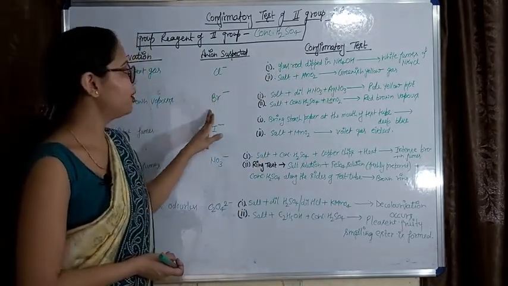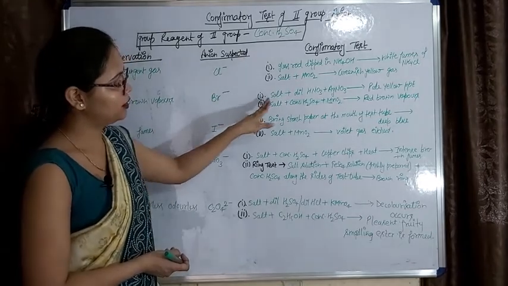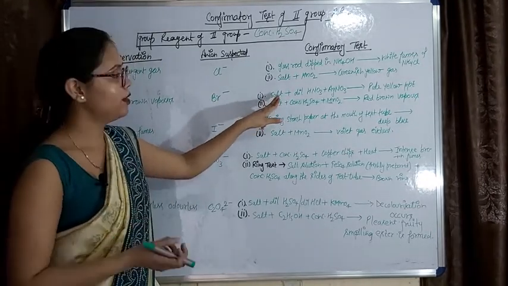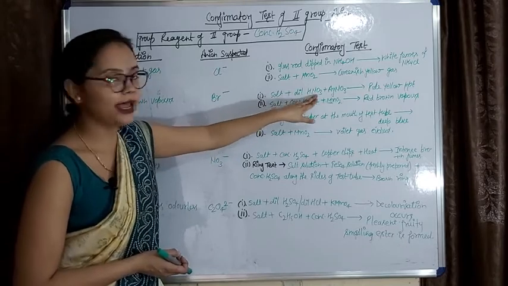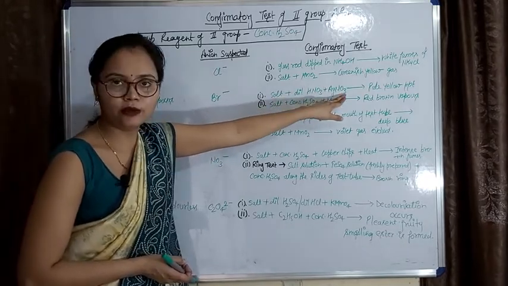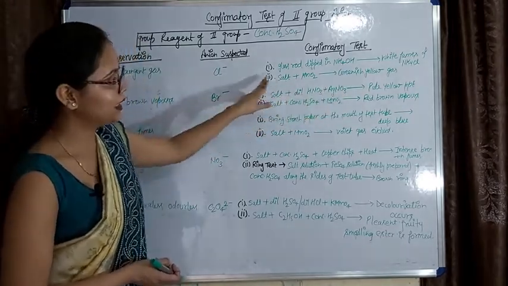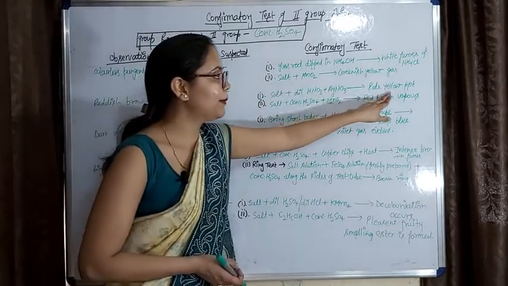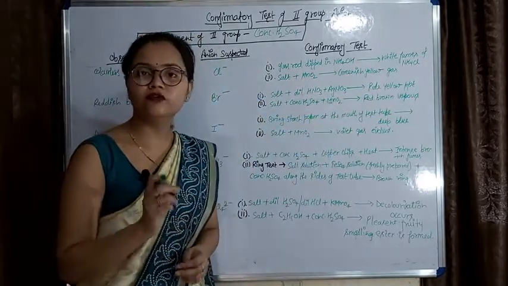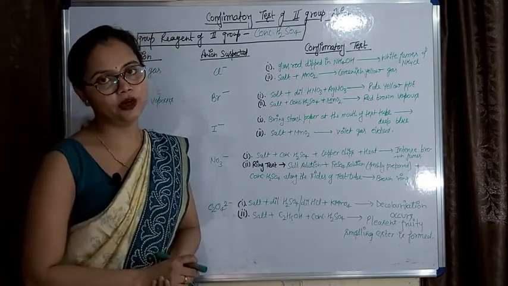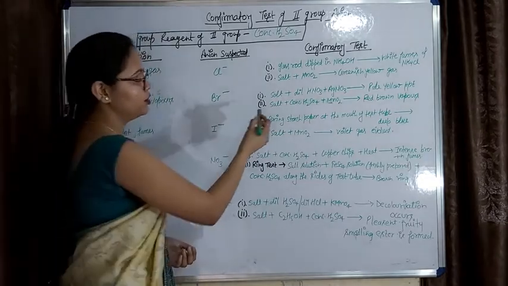Now for bromide, you take salt in a test tube and add dilute HNO3 and AgNO3. After taking these three, if you get a pale yellow PPT, it confirms the presence of bromide ion. You can do one more also.